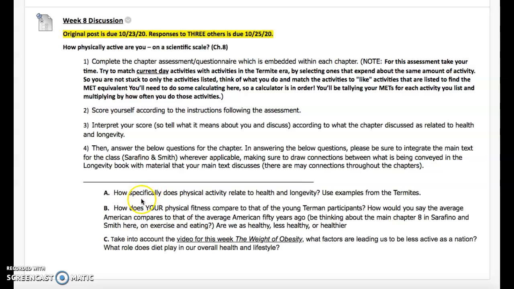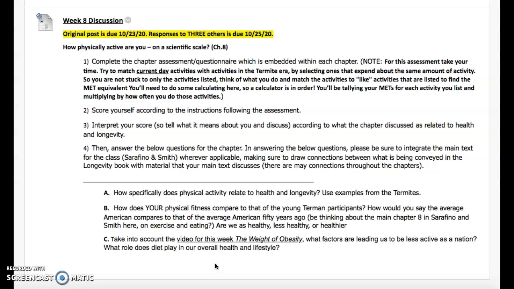Then you'll go ahead and answer these questions, talking about physical activity and how it relates to health and longevity. Now remember, it sort of dispels some of the common myths. It wasn't necessarily the case that the marathon runners in the Terman data set lived the longest.